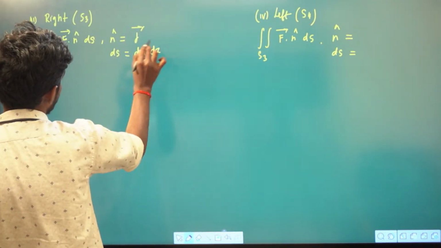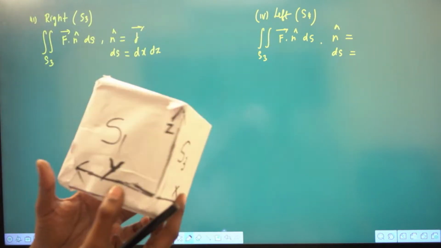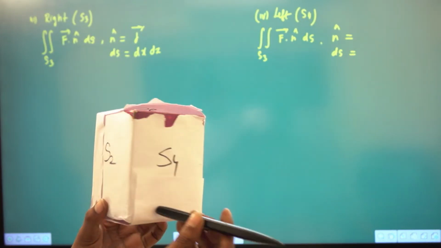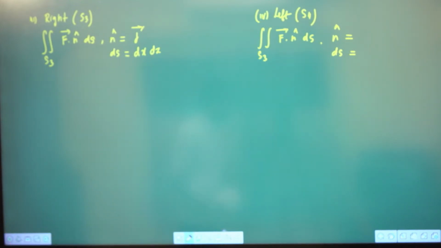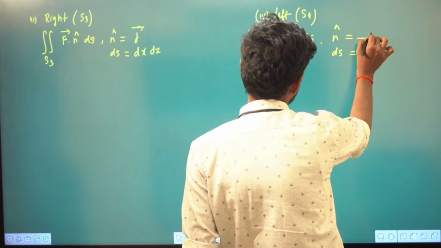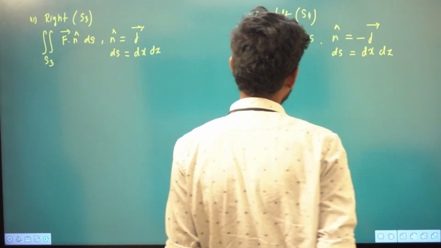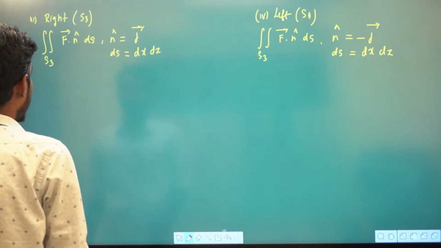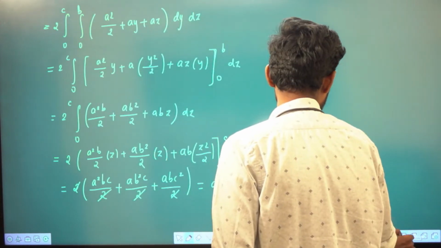Similarly, if you take the left surface S4, this is your unit normal vector, and you can see it is the opposite of y, so it will be minus j vector, and here also we are varying over x and z. So this is clear, right? For left and right, your n cap will be j vector and minus j vector, which is fixed here.